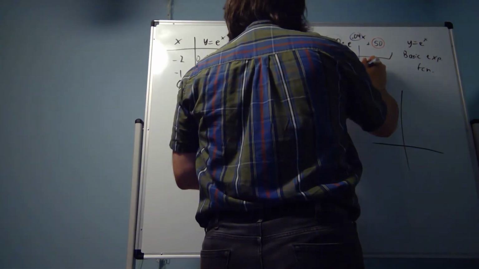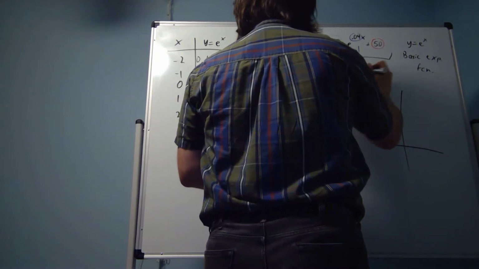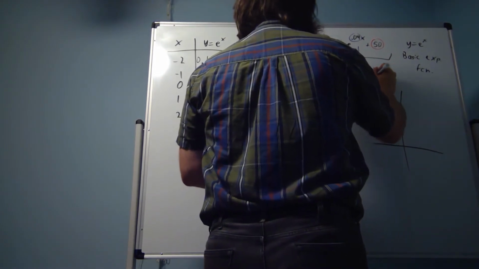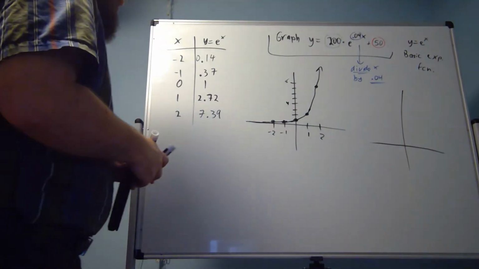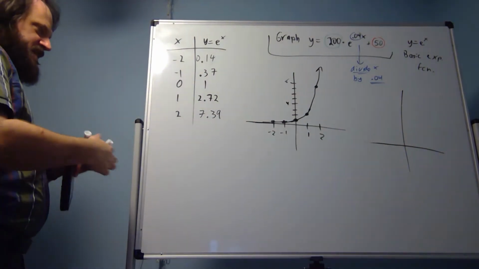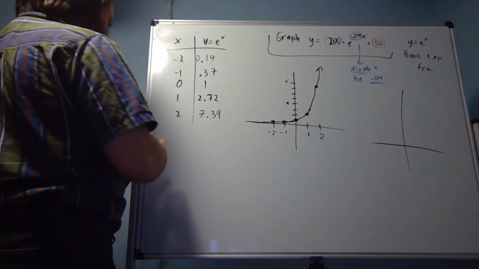So let's talk about what the transformations do. Dividing by 0.04 is going to be the same thing as times 25. So we're going to have these new x's.